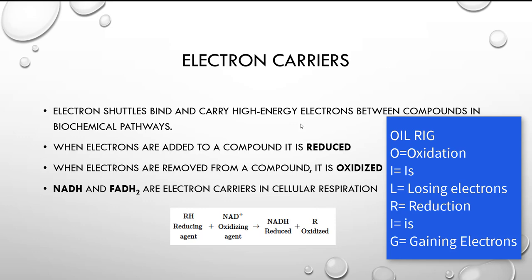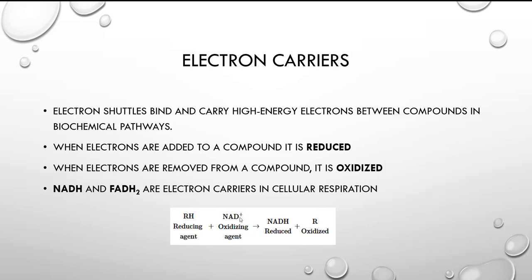You'll see throughout the next two videos how we have an oxidizing agent, something like NAD+, that will be around to gain electrons. When it gains electrons, what is it called? It becomes reduced. And when it's reduced, it turns into NADH.